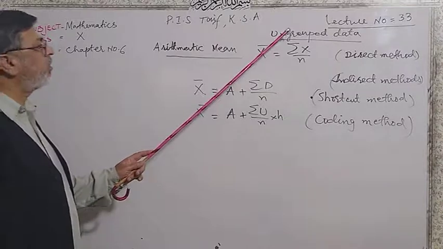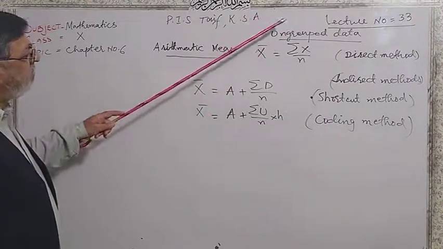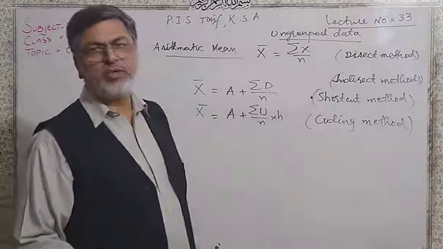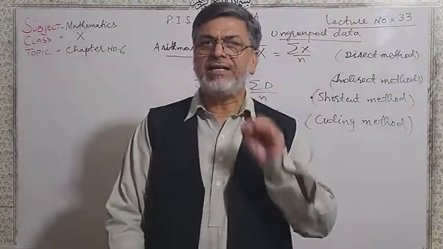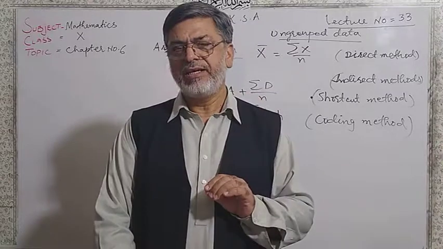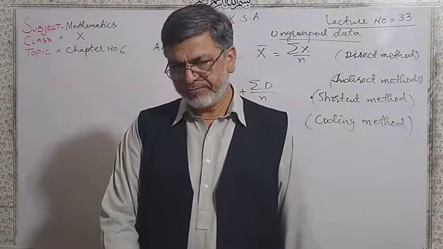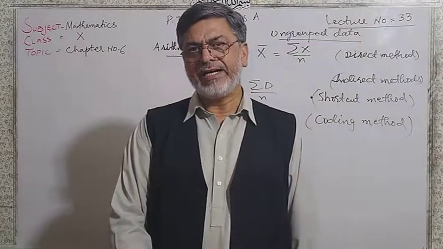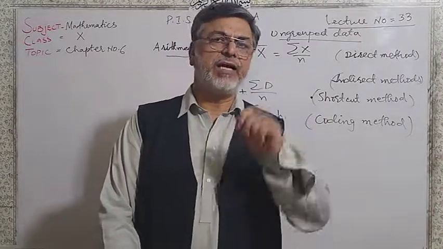Similarly, in case of grouped data, we will have three formulas. In case of group data, you are given class intervals or groups and frequencies also. So this is the way how you will check that given data is grouped or ungrouped data.